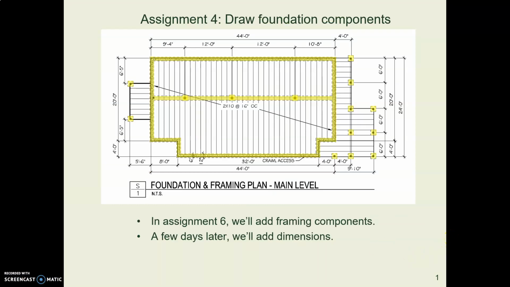Here is our foundation plan, and the city in their sample package combined foundation and framing into one drawing. That's not unusual. It's a small house, and that's a good thing to do. So we're going to put all our foundation and framing on one drawing also. Today we'll just start by drawing the foundation, which I've highlighted in yellow here.